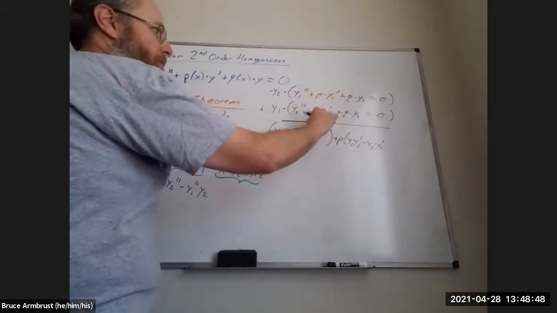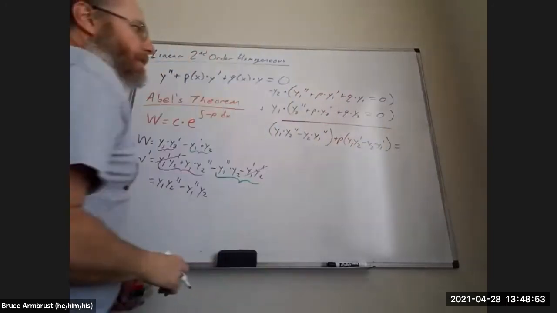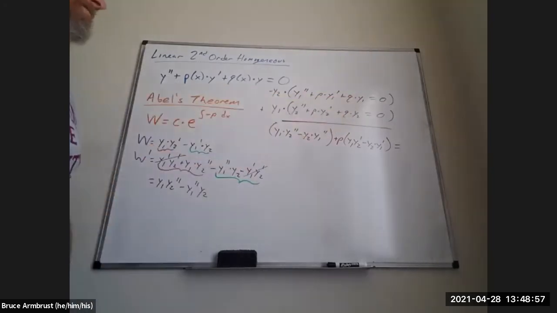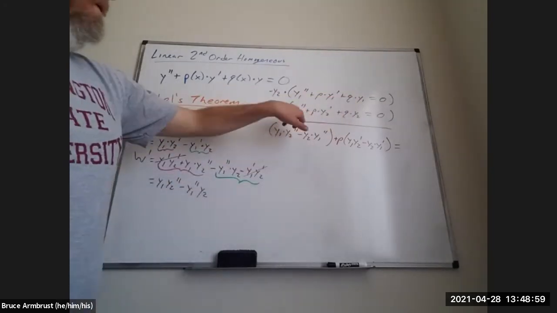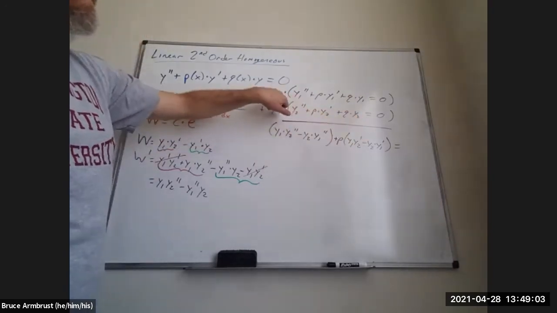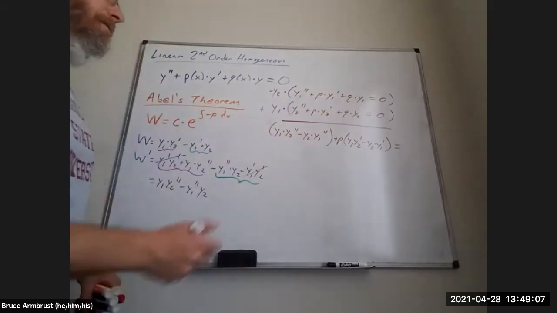Okay, so that was those two. And then the q's, notice that those two are just going to go away, because we're going to get a positive y1, y2 times q, and the other one, we're going to get a negative y1, y2 times q. So those are gone.